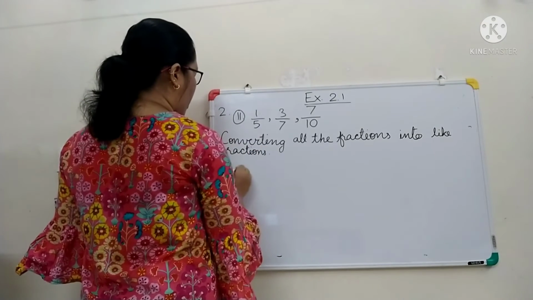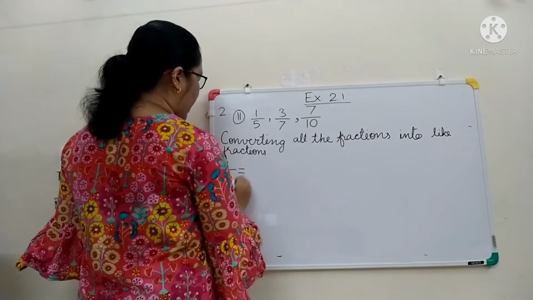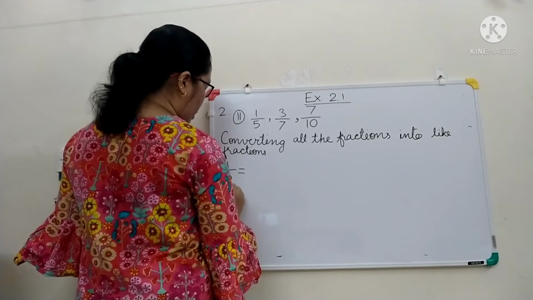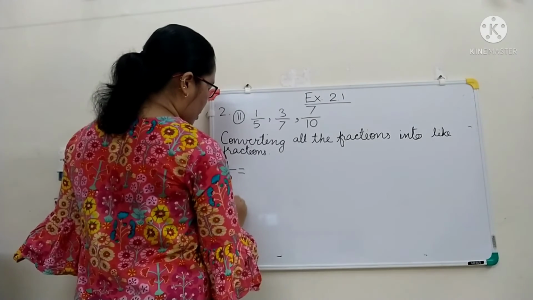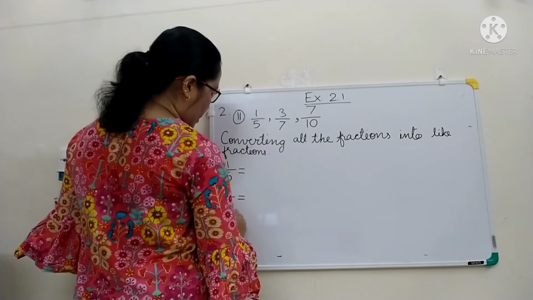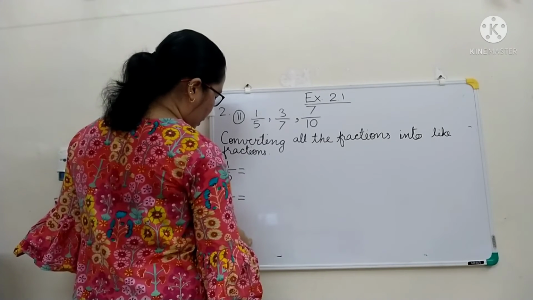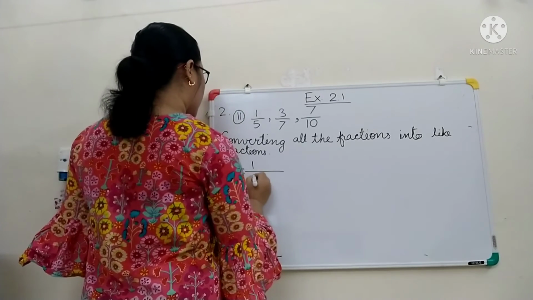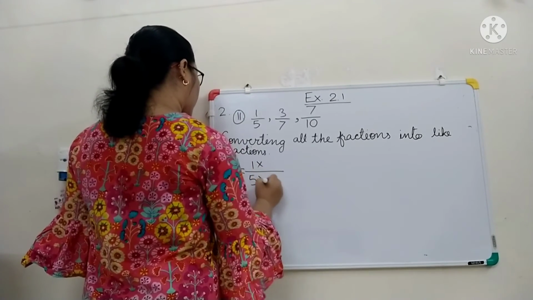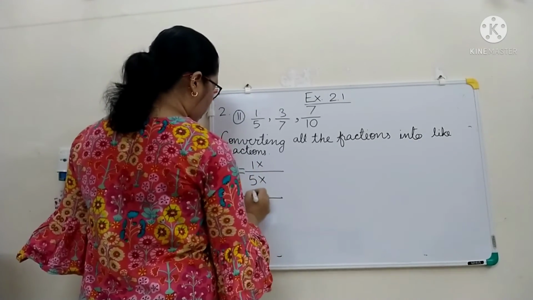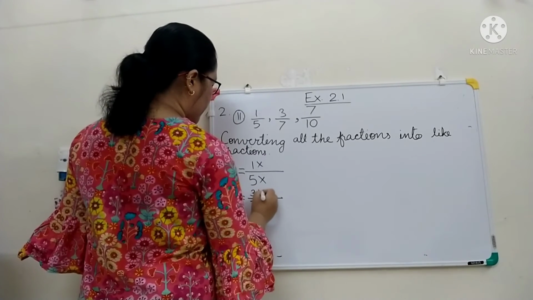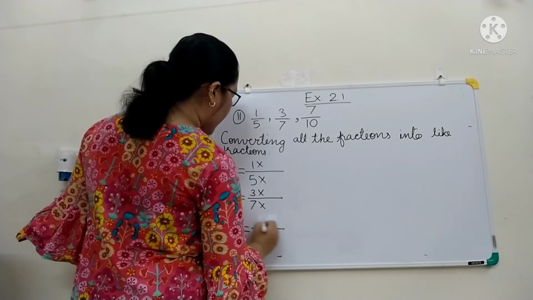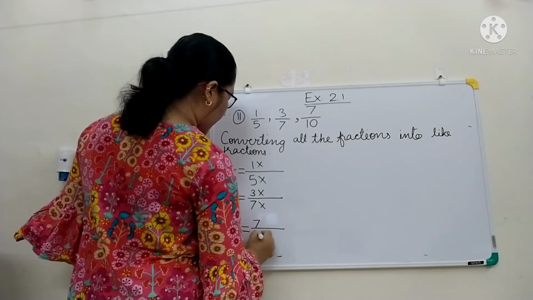First we will write all the numbers one after another like this: 1 upon 5 multiplied by dash dash dash, 3 upon 7 is equal to, then 7 upon 10 is equal to how much we have to write.